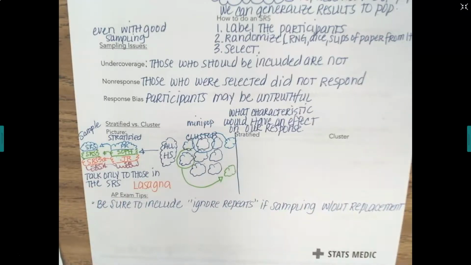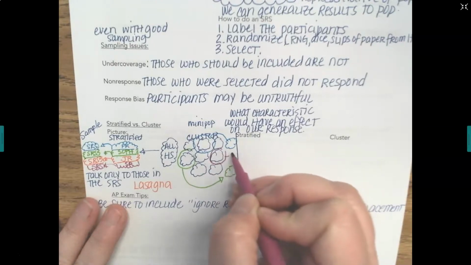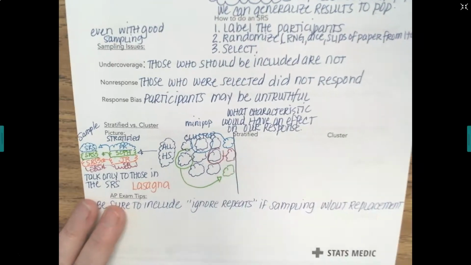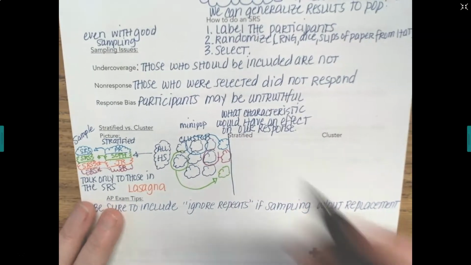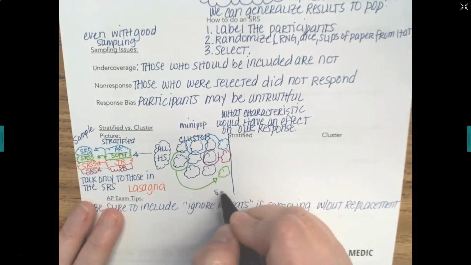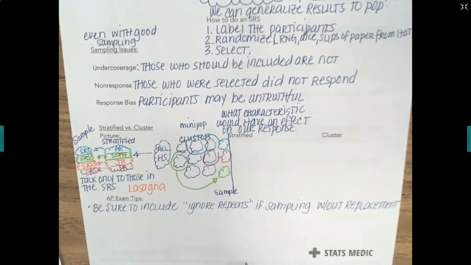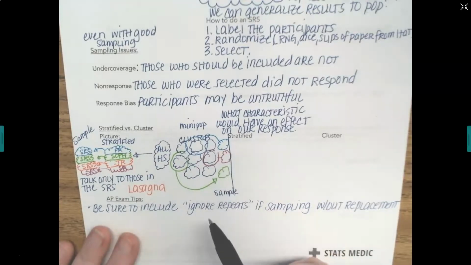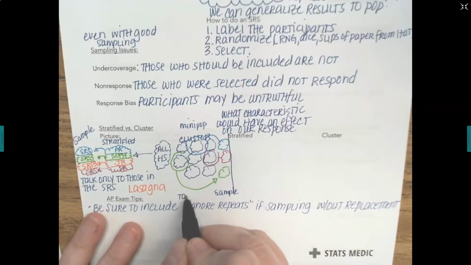And then we had one last cluster that got picked. This guy got picked right here. So these three clusters that got picked, they're my sample. So this is my sample here. And in that sample, we're going to talk to every single person inside the cluster. We're not sampling out of the clusters. Talk to everyone in cluster.